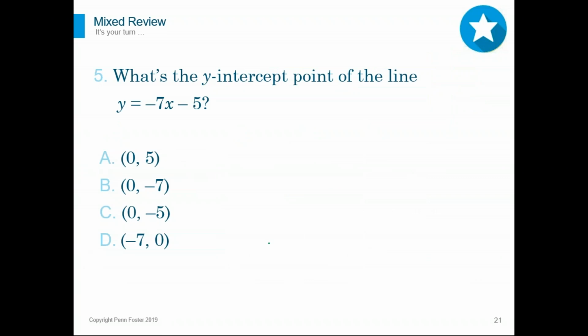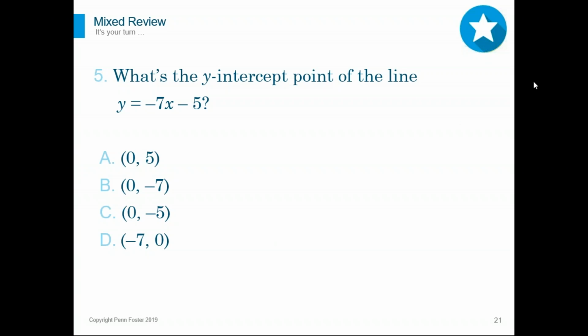Last question, I promise. What's the y-intercept point of the line? Really easy. Given the equation, it is in slope-intercept form. What is the point of intersection between the line and the y-axis right from the equation? What would be the answer?